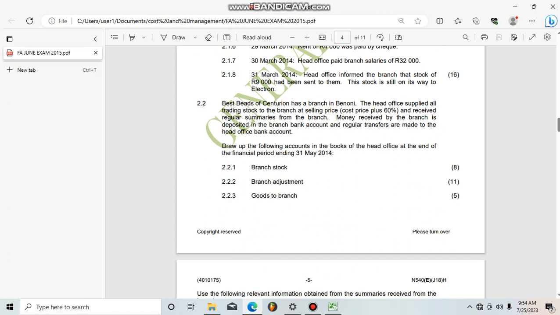Money received by the branch is deposited in the branch bank account and regular transfers are made to the head office bank account. We are going to draw up the following accounts in the books of the head office at the end of the financial period, 31st May 2014. We are going to prepare the branch stock, branch adjustment, goods to branch.